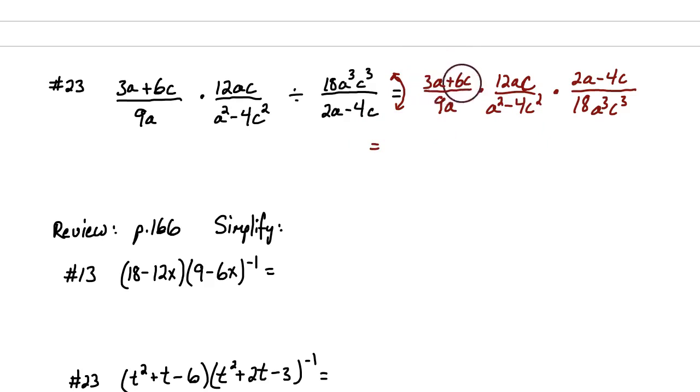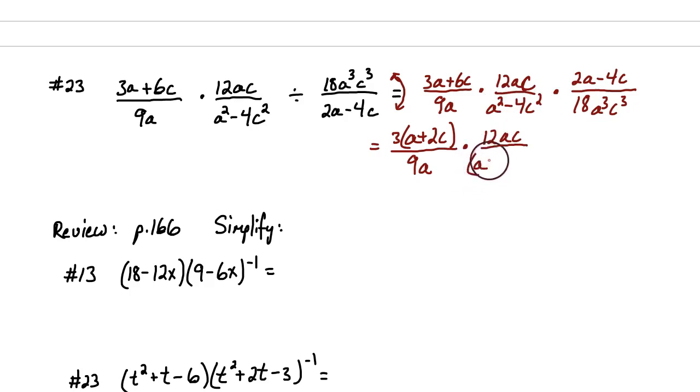So let's start with this right here. There's a GCF of 3, leaving a plus 2c. Down in the bottom, let's leave the 9a. Okay, right here, the 12ac is already written as a product of factors. But the a squared minus 4c squared is a difference of squares.